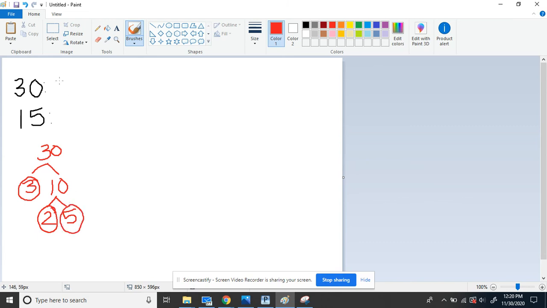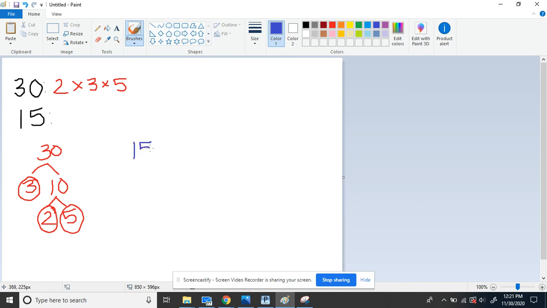So my prime factorization for 30 is 2 times 3 times 5. Again, I can double check that. 2 times 3 is 6, times 5 is 30. So that one is correct. Make sure that all the numbers we have here are prime, which they are.